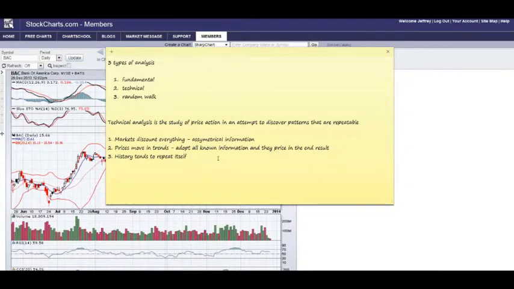Now, the argument that history tends to repeat itself may be the most flawed argument in technical analysis. Why would it be flawed? Well, can history repeat itself? Sure, but the markets are ever changing. We could say, hey, this happened in 1980, this happened in 1970, and at some point the market will repeat itself, but do we know if it's repeating 1970, 1980, 1960 right now?